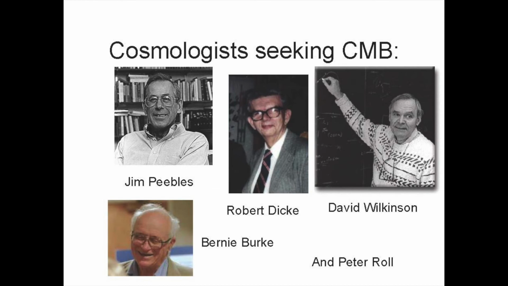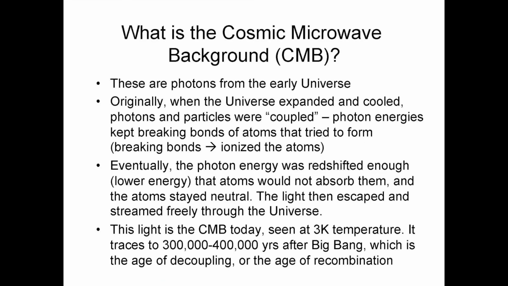So what does it mean? Slide 14. What is this cosmic microwave background radiation? These are photons from the early universe. When the universe expanded and cooled, at that moment, the photons and particles were said to be coupled. That is, the photon energies were high enough that the atoms that tried to form kept breaking apart.